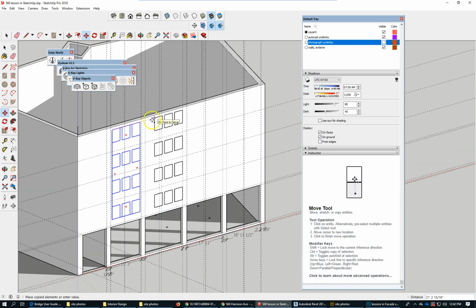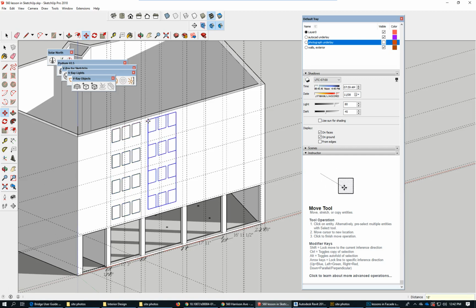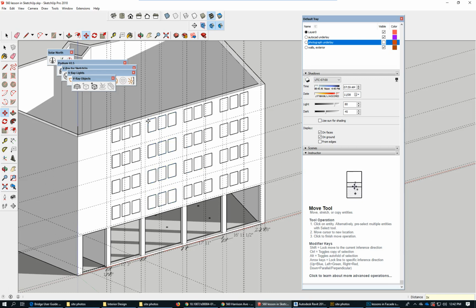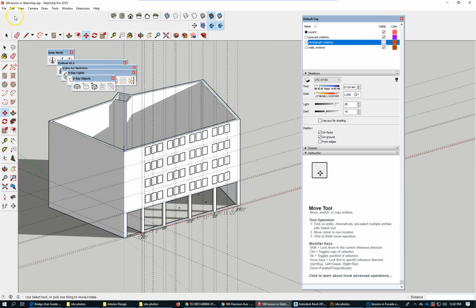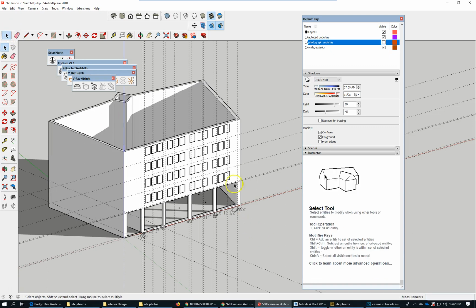This way, about 18 feet. X. So now what we're looking at is moving those groups.